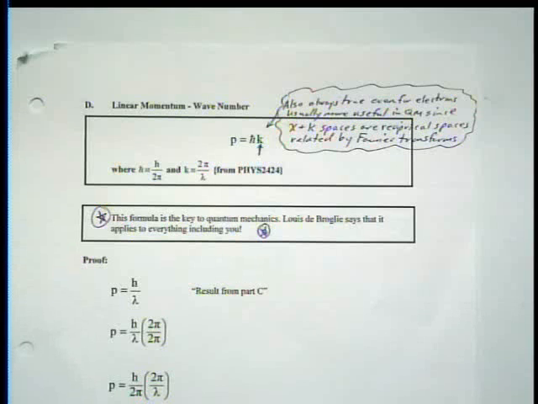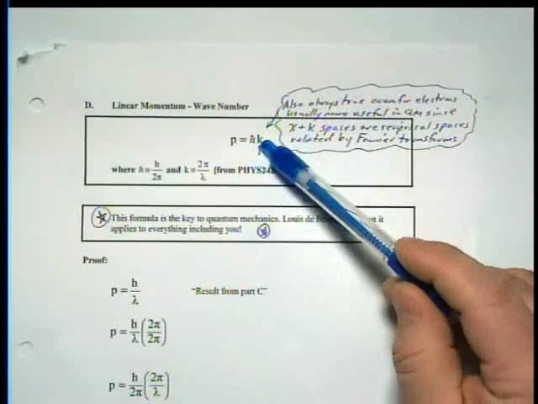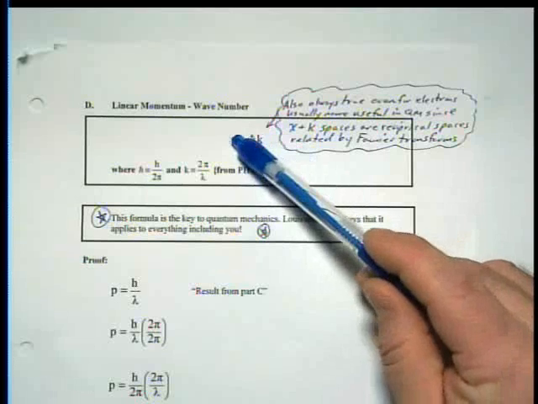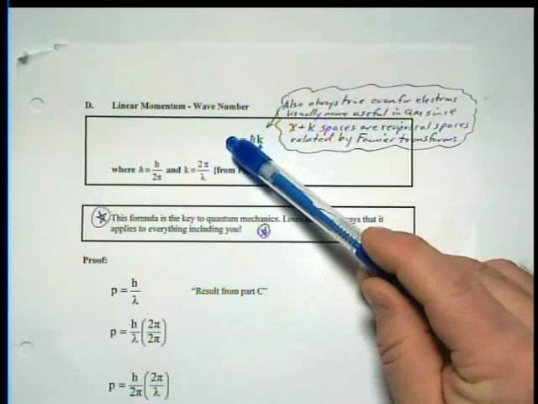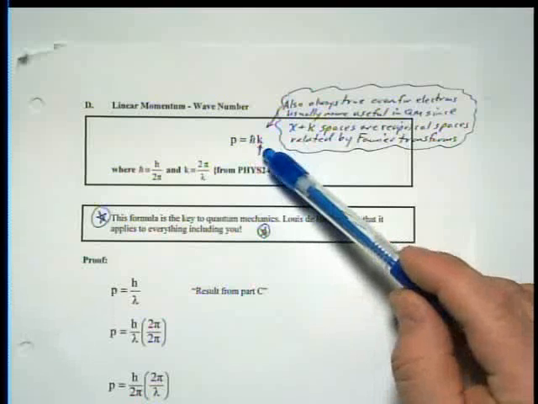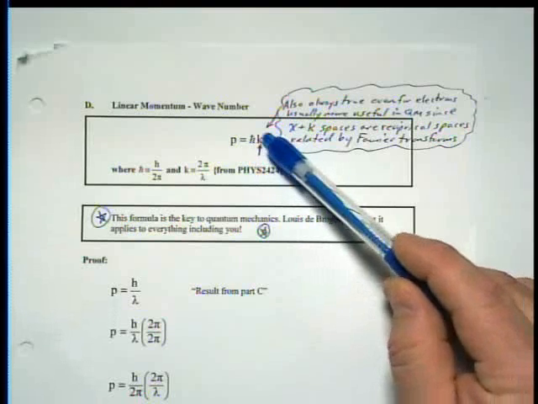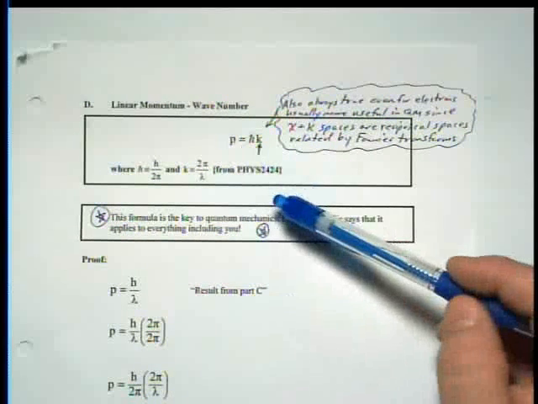Those are reciprocal spaces. So you will find that all the operators and such in quantum mechanics are written in terms of k rather than p. They just differ by this constant. But because we spend so much time in k-space, it's useful to know the relation between them. All right?